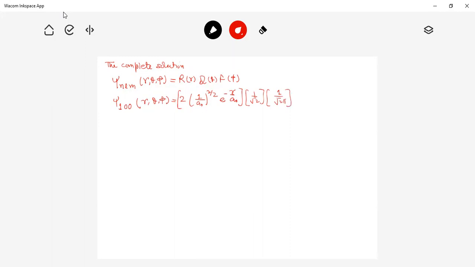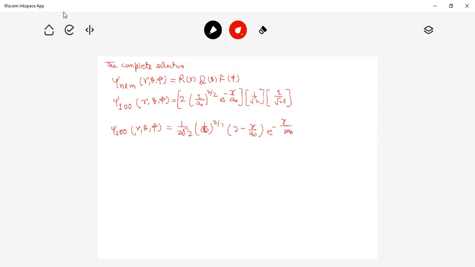And the wave function psi 2 0 0 (r, theta, phi) is 1 upon 2 under root 2, 1 upon a0 to the power 3 by 2, (2 minus r upon a0) e raised to the power minus r upon 2 a0.